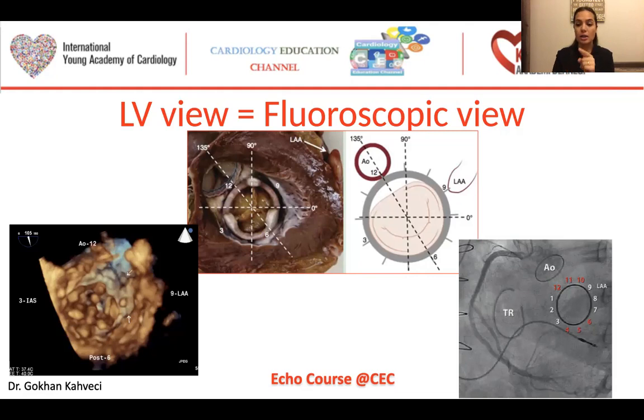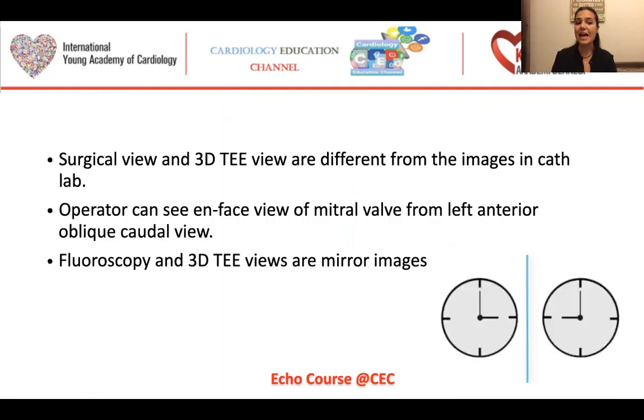So in the fluoroscopic view, as you can see here, the aortic valve is at the 12 o'clock position, LAA is on the right-hand side, which is actually located at 9 o'clock position, and the interatrial septum will be on the left-hand side. So we can say that surgical view and the 3D TEE views are similar, but they are different from fluoroscopic views.